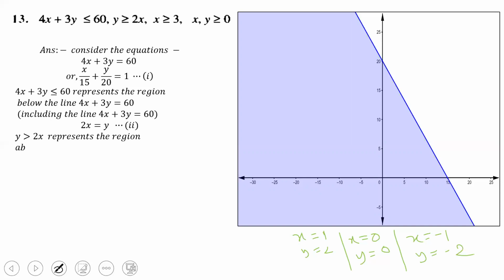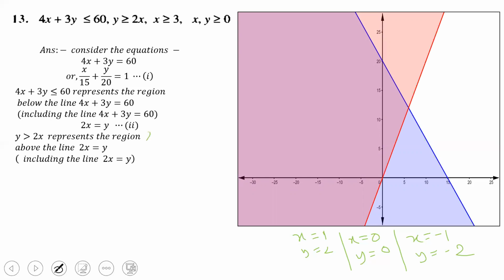Take these 3 points and join them, and it represents this area like this. So the left hand side of this line, don't write the above of the line, write left hand side, left side of the line 2x equals y. Okay, definitely including it.